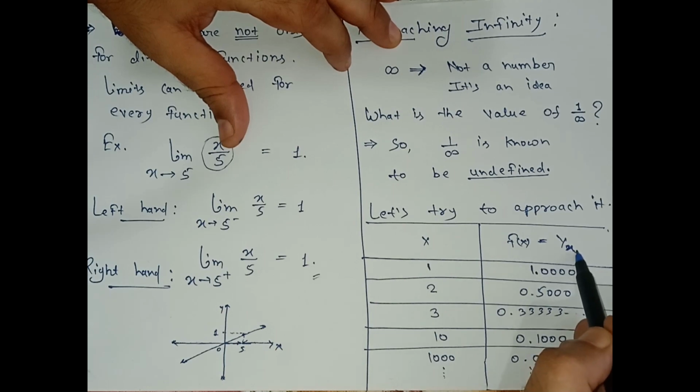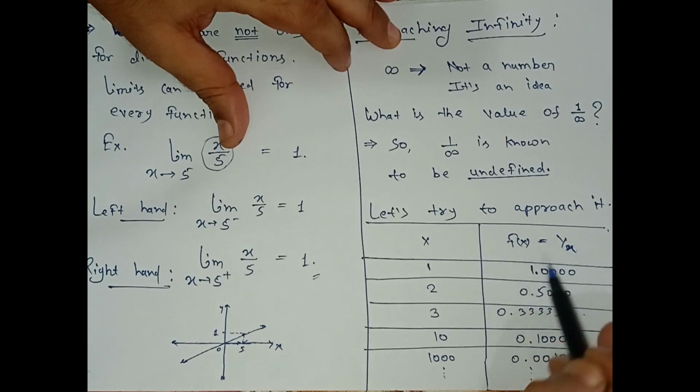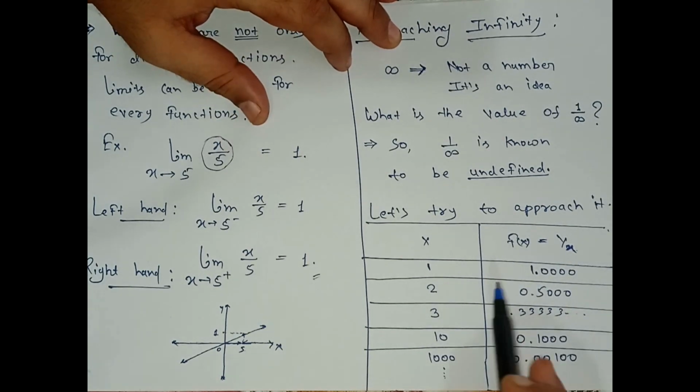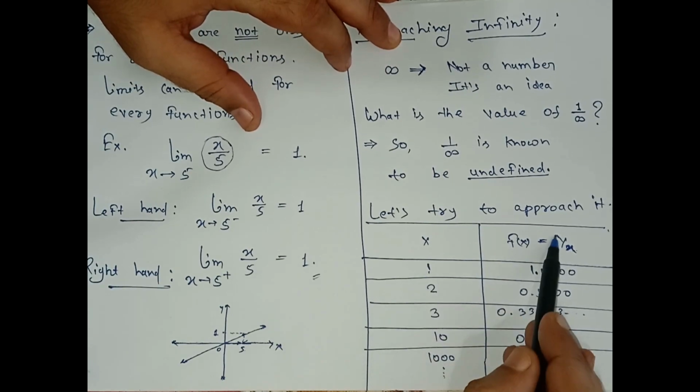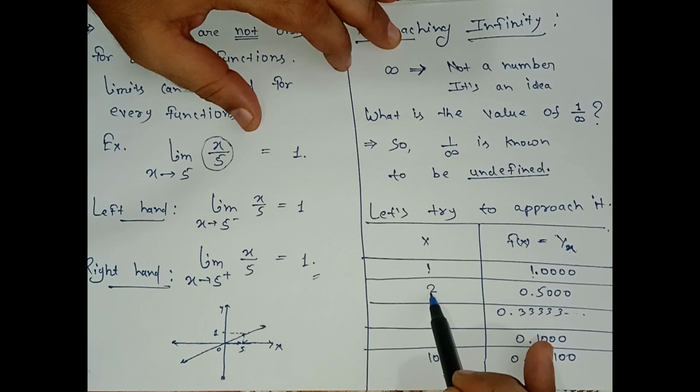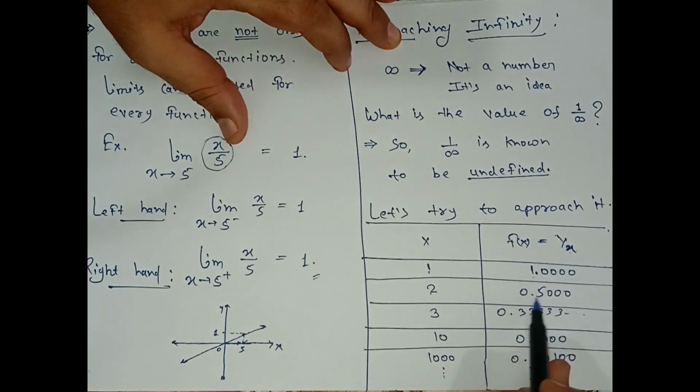As x approaches infinity, this will be 1 upon infinity, and we want to find out what happens to this value when x approaches infinity. When you substitute x equal to 1, 1 upon 1 is 1. When you substitute x equal to 2, 1 upon 2, you will get 0.5.